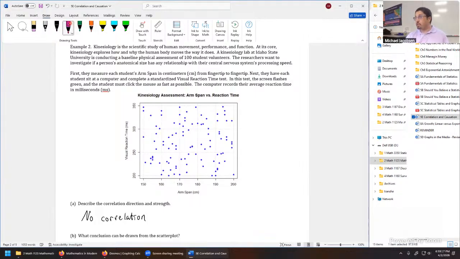And because we said no correlation, it also means there is no strength to describe. We only describe the strength of a relationship if there is an honest correlation, if the points are moving upwards or if they're moving downwards. But here, nothing's happening, so no correlation whatsoever.